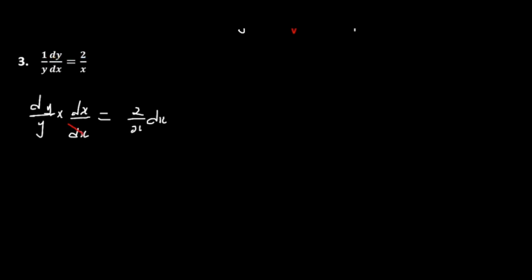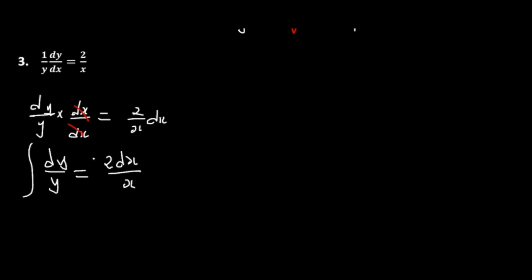Clearly this will cancel this, so we're left with dy all over y equals 2 dx all over x. So here we have separated our variables because on the left hand side our function is all in terms of y, and on the right hand side our function is in terms of x.